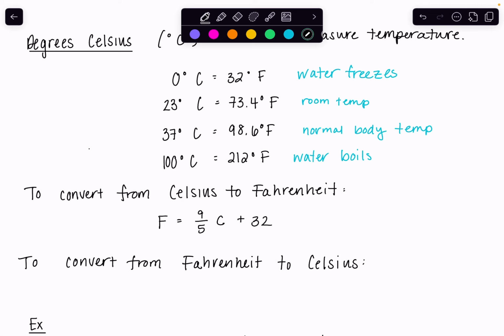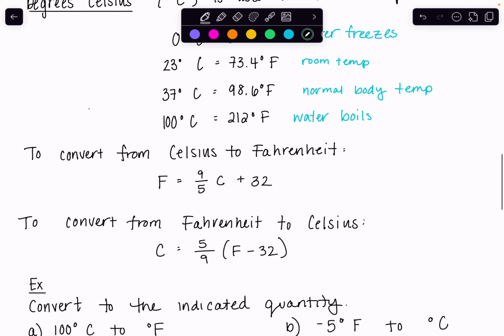If I'm given Fahrenheit and I want to go to Celsius, the formula I'm going to use is the degrees Celsius is 5/9 the degrees Fahrenheit minus 32. So very similar equations, and there's a reason for that because we call these functions inverses of each other. But really, if you just take this equation and solve it for C, it's exactly this one.